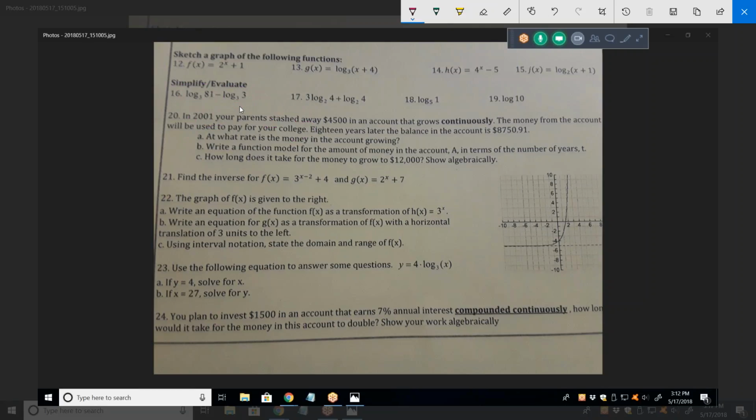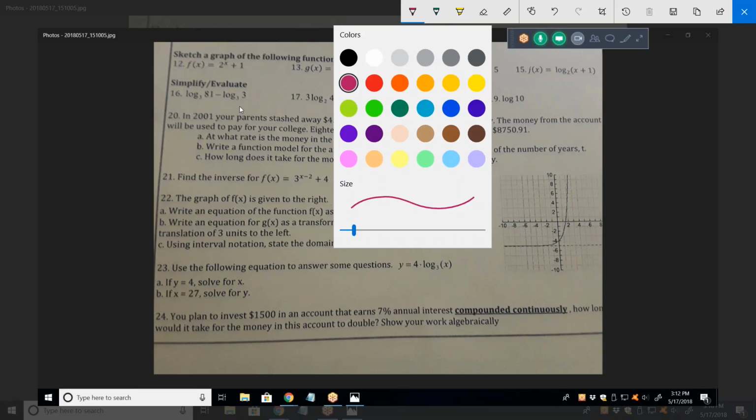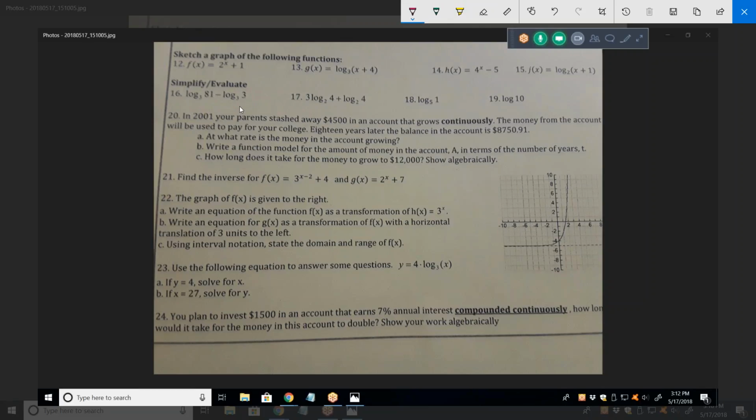So you have choices on these, but I'm inclined to believe that they're looking for you to put it together, by creating one log expression, and then you'll be able to evaluate that log expression fairly easily. Let's do it that way, at least for 17.